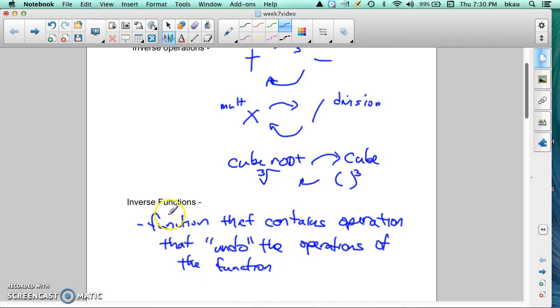So the inverse function's operations are going to undo the operations of the actual function.